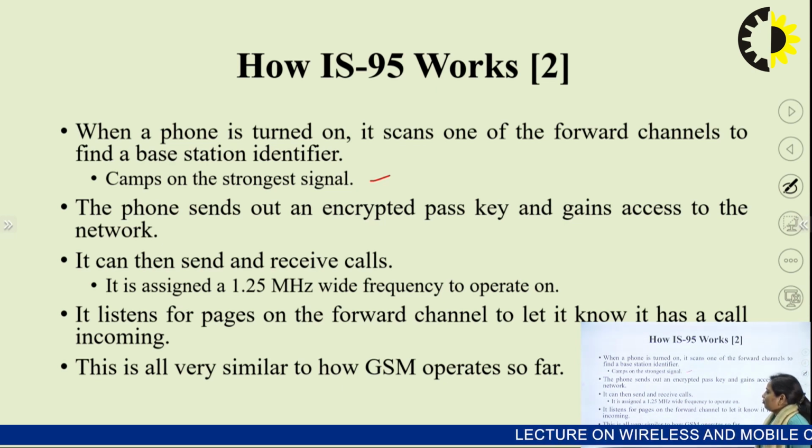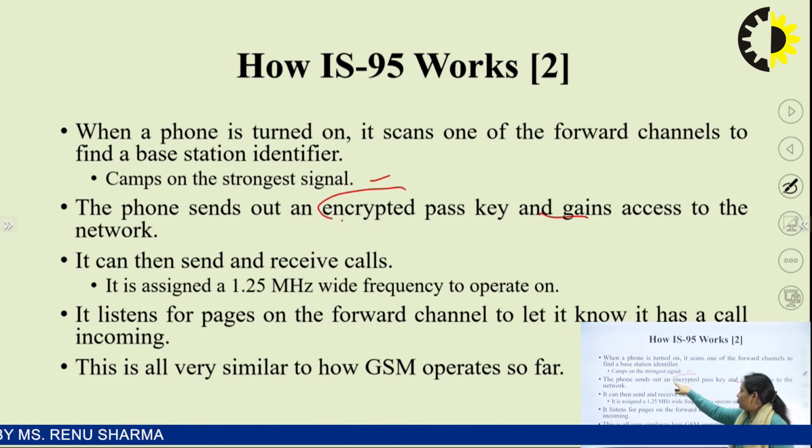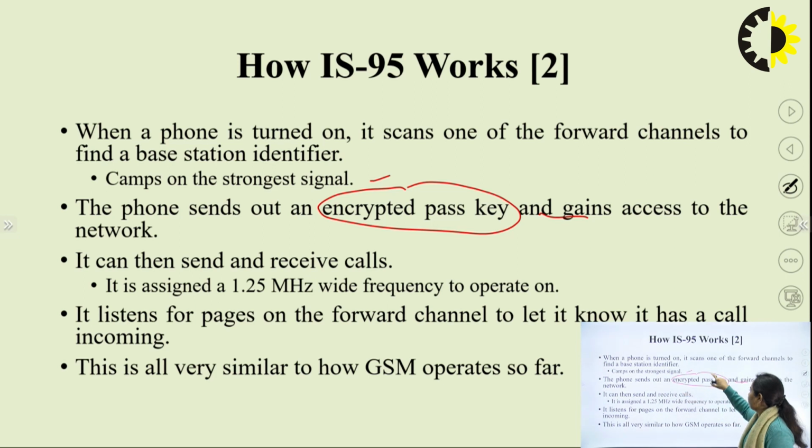Then the phone sends out an encrypted pass key and gains access to the network. There is an encryption key, which is required from the security point of view, and this key is nothing but the PN sequence. This PN sequence is generally known to the transmitter as well as the receiver.